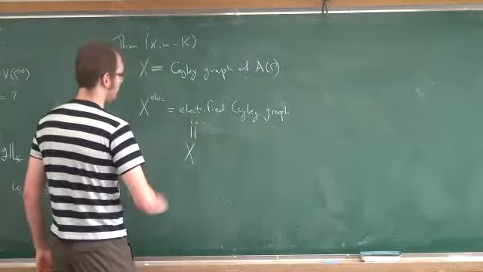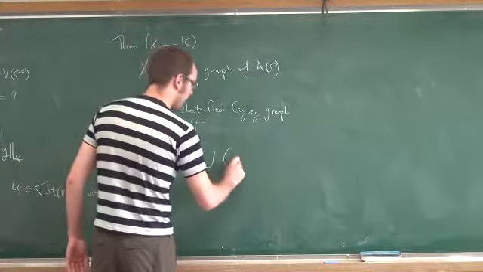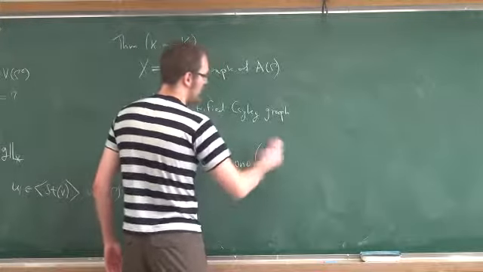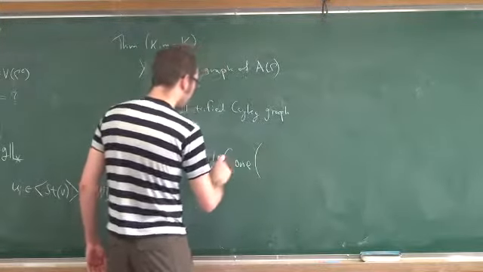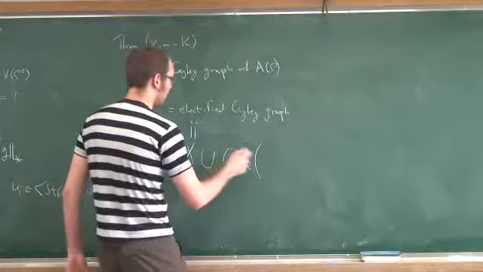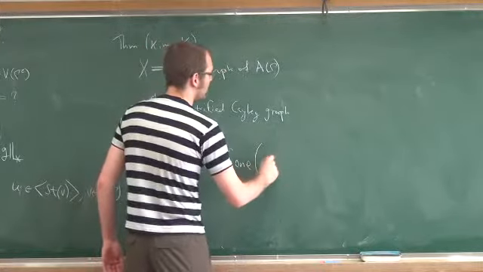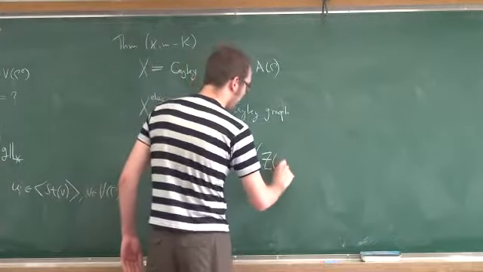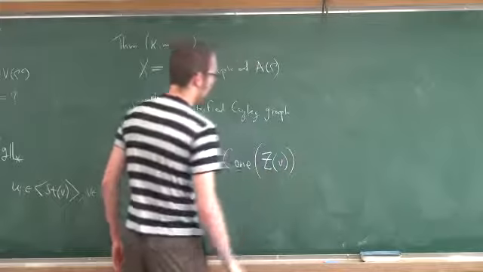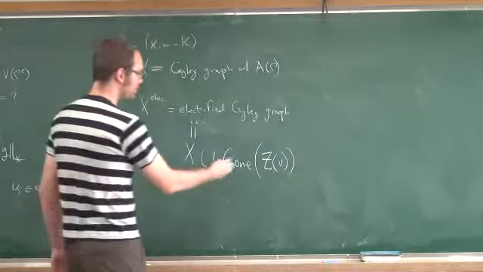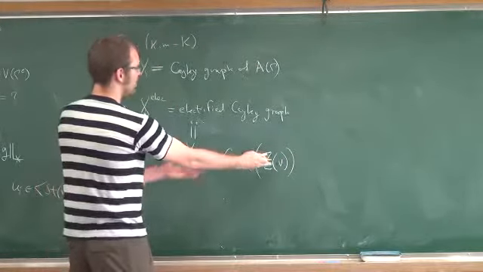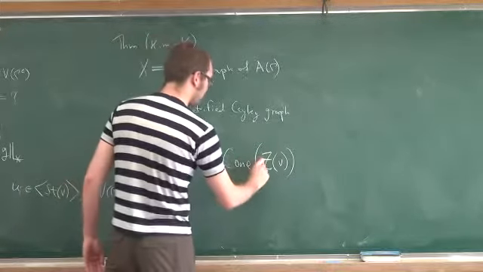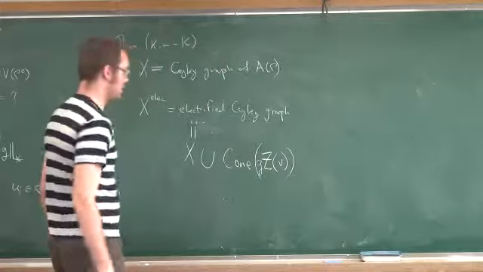So this is going to be equal to the Cayley graph union the cone on the centralizer of a vertex inside of the right-angled Artin group itself. But this is unfortunately not good enough. We also have to take all the cosets.